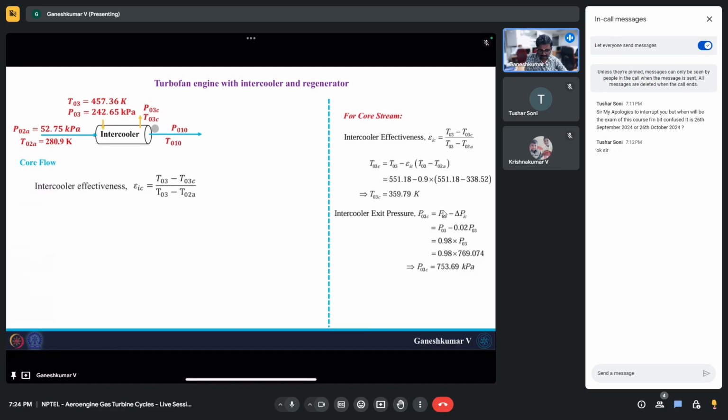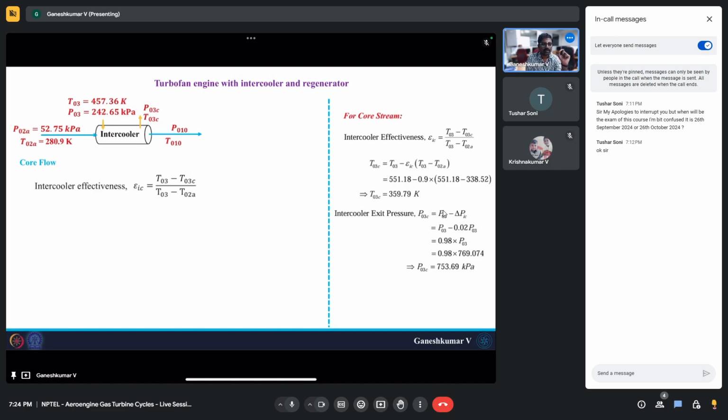So T03C minus T03 is the temperature difference in the core stream multiplied by m dot into Cp. Here in this case it is just Cp into T03 minus T03C, divided by the maximum heat transfer, which can happen when the hot stream gets out at the temperature of the cold stream inlet.